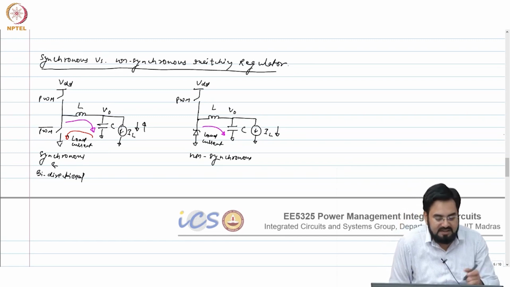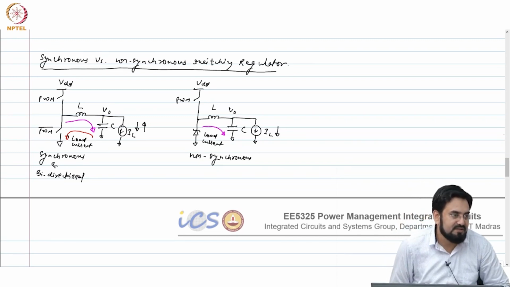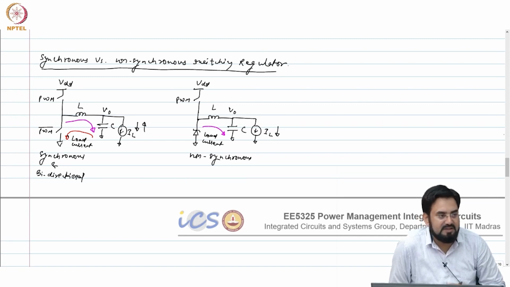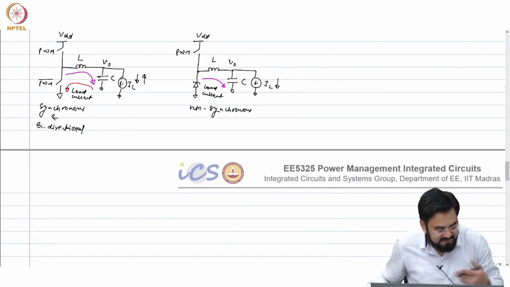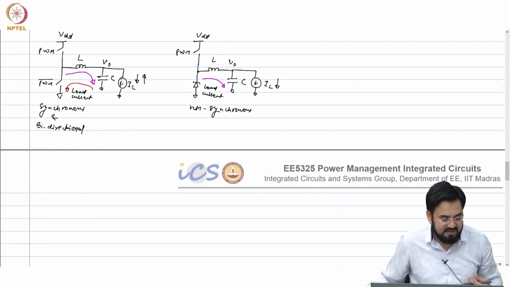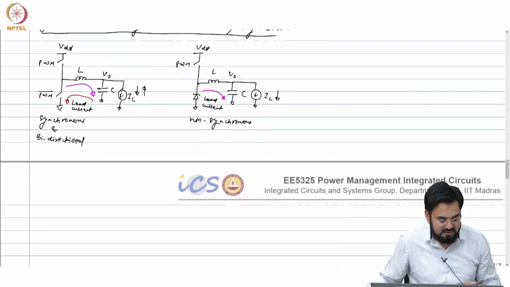We cannot allow reverse current through the diode, it will just block it, because it will get reverse biased, and that is the reason it is only unidirectional, not bidirectional. But here the switch is bidirectional, current can flow from any direction, source to drain or drain to source, if you are using a MOSFET, and that is why this one is synchronous and bidirectional. So, both have their own advantages and disadvantages, we will talk about them later.